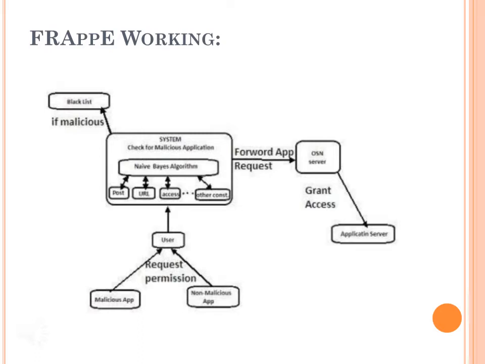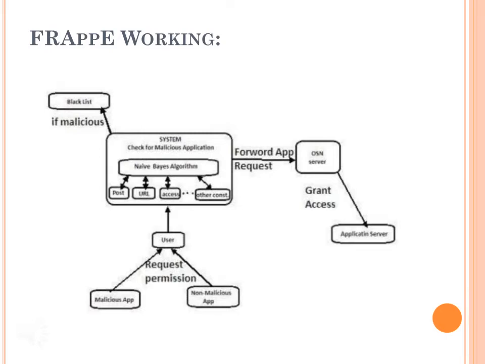This is the working model. In this figure, we can see that an app is popped up to the user, and the user sends a request to the server to use this app. But before this request continues, we verify whether the application is malicious or not by applying conditions on the app.